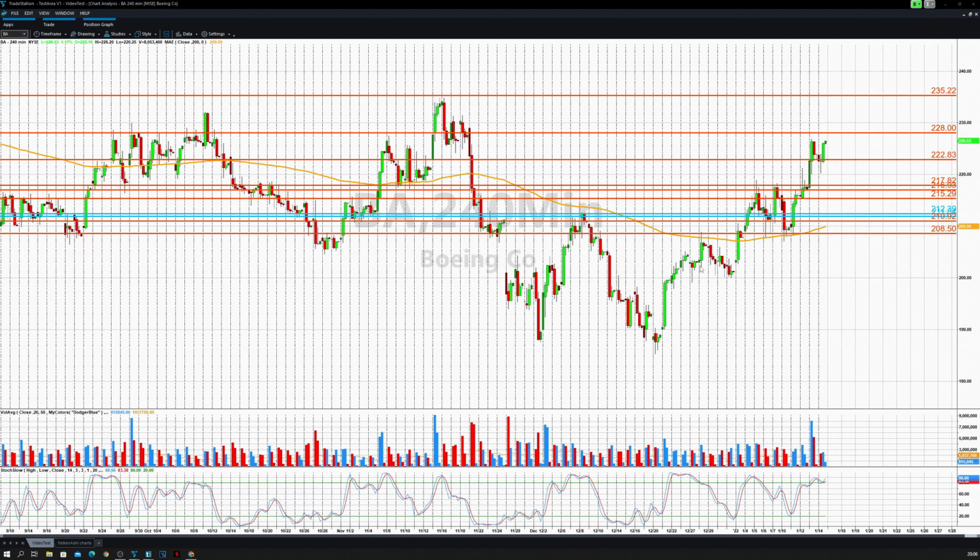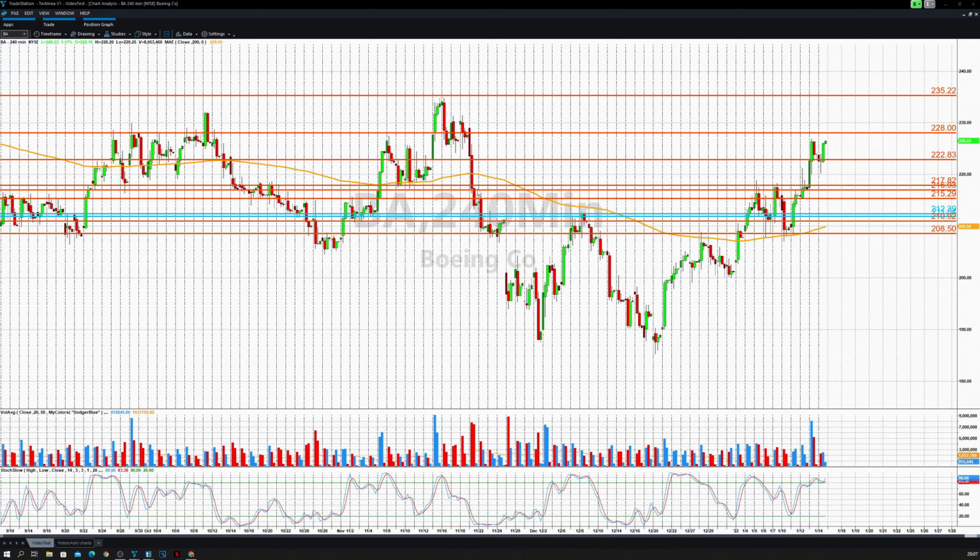Even though we knew it would bounce from the 208 to the 230, BA should reach the 150, but it's not so good for BA if it does. This is the main reason why I didn't want BA to reach the 150, because it will crash the stock and push all the airlines and tourism stocks to the downside.